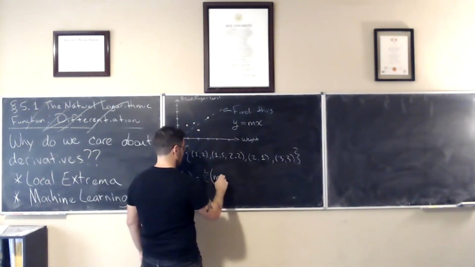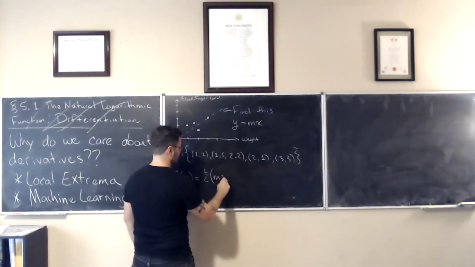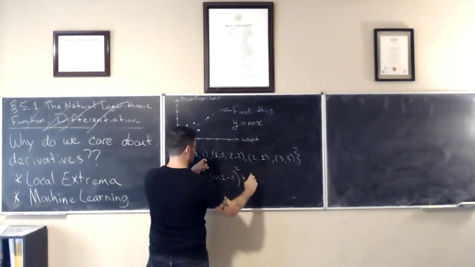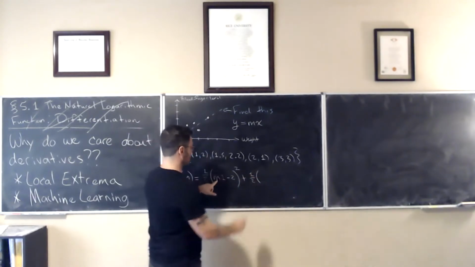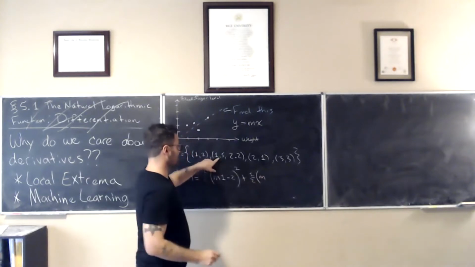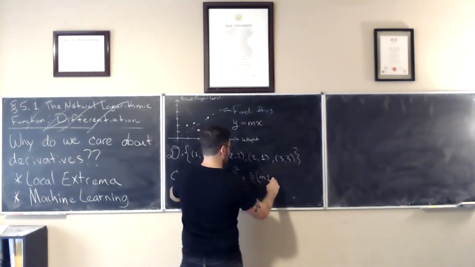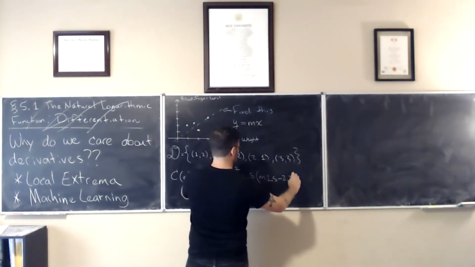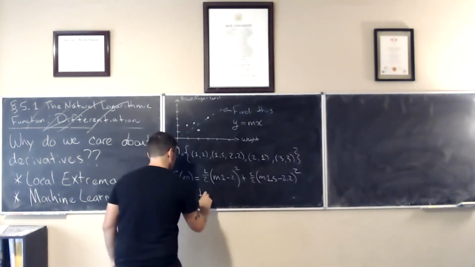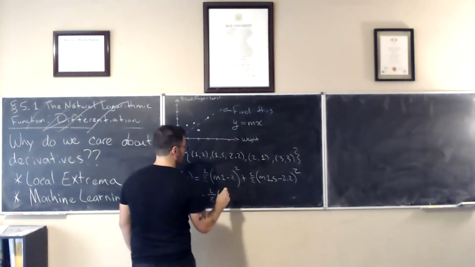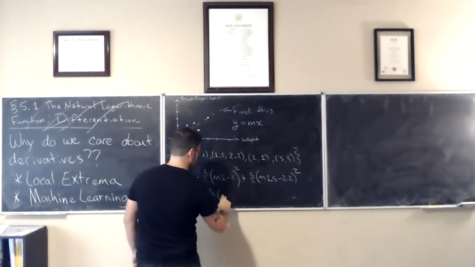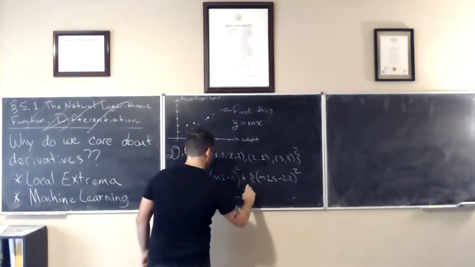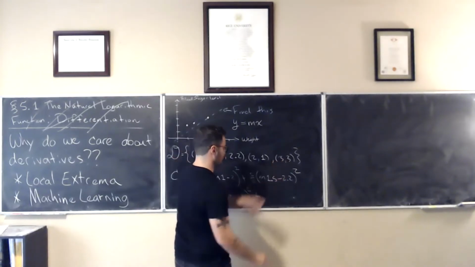So m times 1 minus 2, squared, plus m times our x there, 1.5 minus the y there, squared, and then m times that x minus that y, squared, and so on.